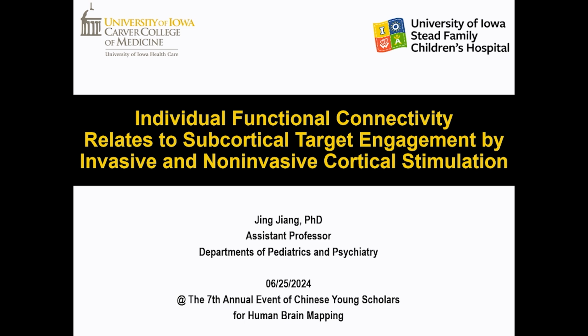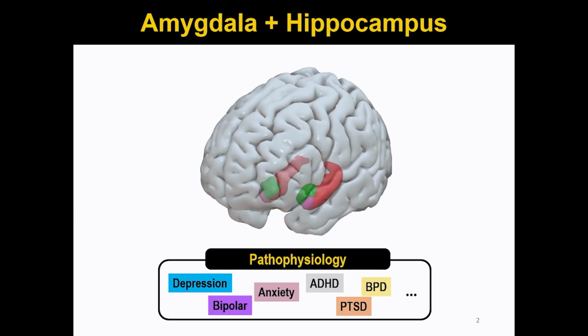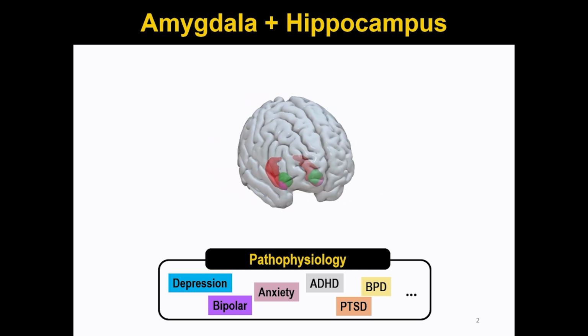So I'm very excited to have this opportunity to present our recent unpublished work about the subcortical target engagement by invasive and non-invasive cortical stimulation and its relation with the individual functional connectivity. The two subregions we are currently focusing on are the amygdala and the hippocampus.